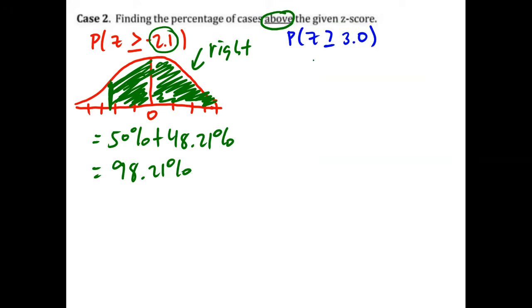Next, we have P of Z is greater than or equal to 3.0. So, draw a normal curve. Maglagay ng 0. Negative 1, negative 2, negative 3, negative 1, 2, 3, 4. Okay? So, 3, nasan dyan yung 3? Nasa right. So, nandito sa part na ito.